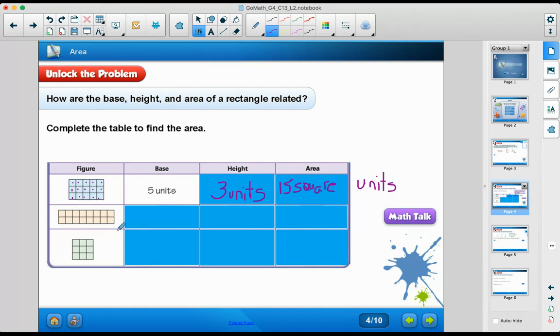Okay, let's go to the next one. What is the base? 1, 2, 3, 4, 5, 6, 7, 8. 8 units. What is the height? 1, 2. 2 units.